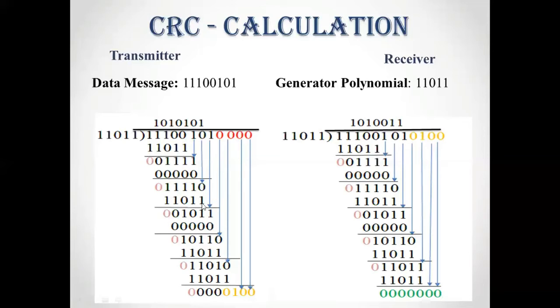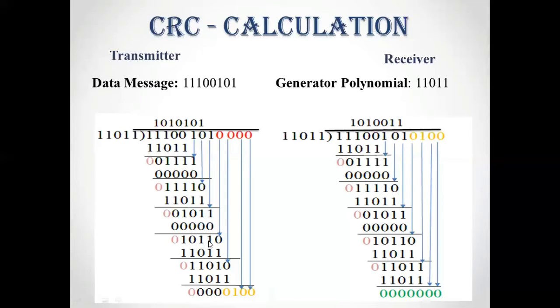I perform the XOR operation on the remaining bits, I get these values, and again I insert a bit to make the length equal to the generator polynomial. This bit is 0, so again I consider it as 0 and perform the XOR operation. The first bit is again 0, so I discard this bit and consider 1 0 1 1.